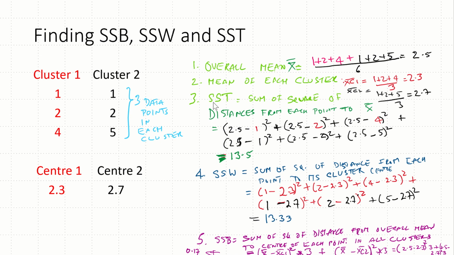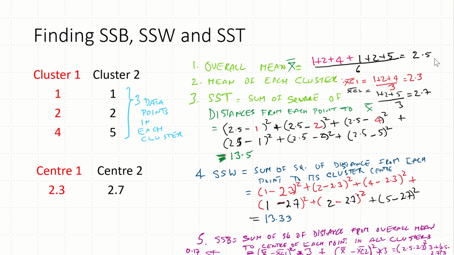So SST, which is the sum of the square of the distance from each point to the overall mean, is obtained by squaring the difference and summing the square of the distance from the overall mean to each point in the system.